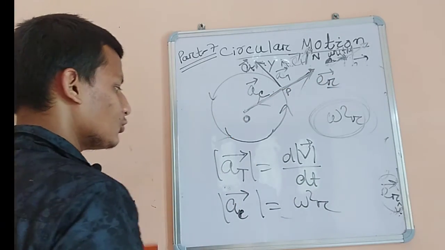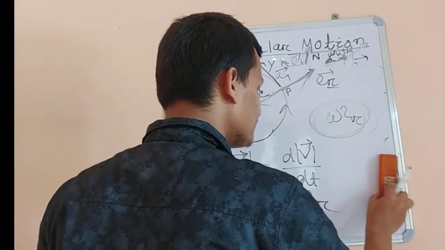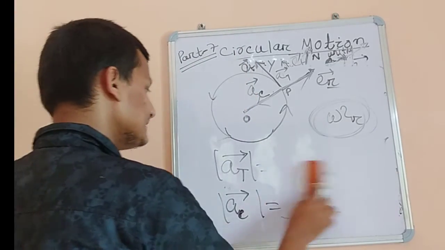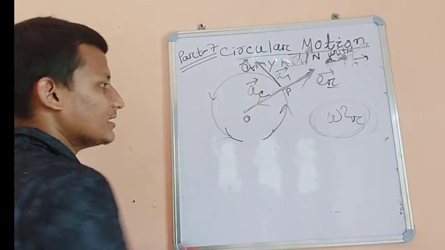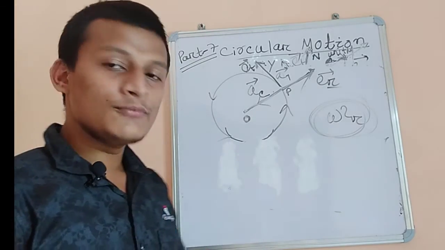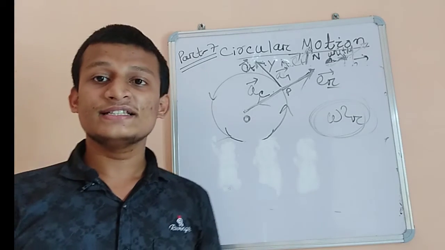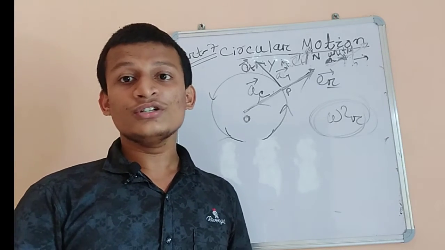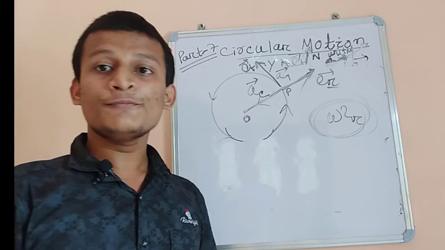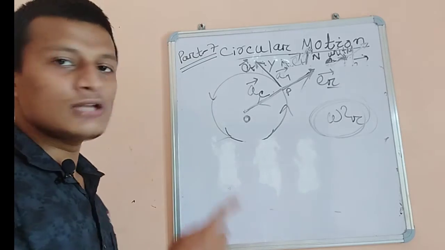Okay, so that's all. I have considered the centripetal acceleration and tangential acceleration taking into account their magnitudes only. We have also proved that the directions are perpendicular to each other.